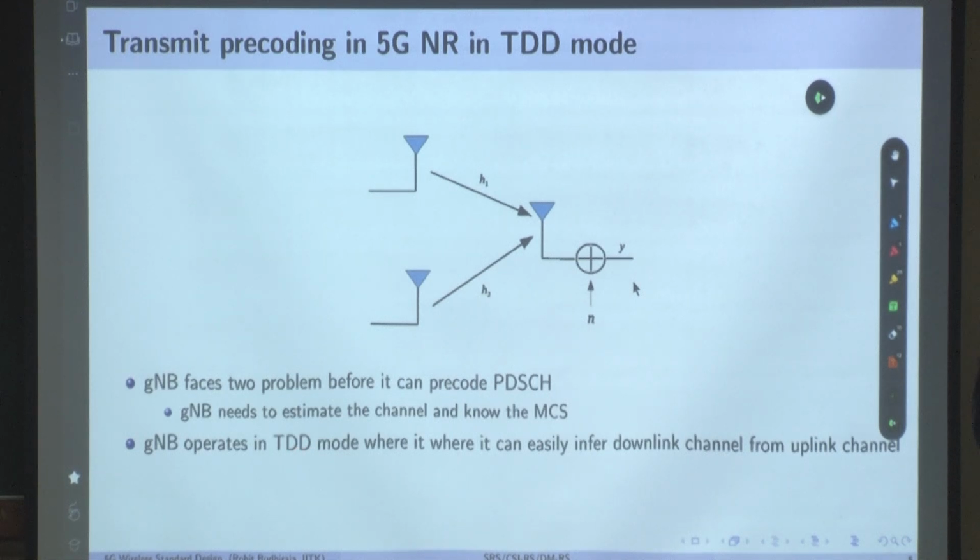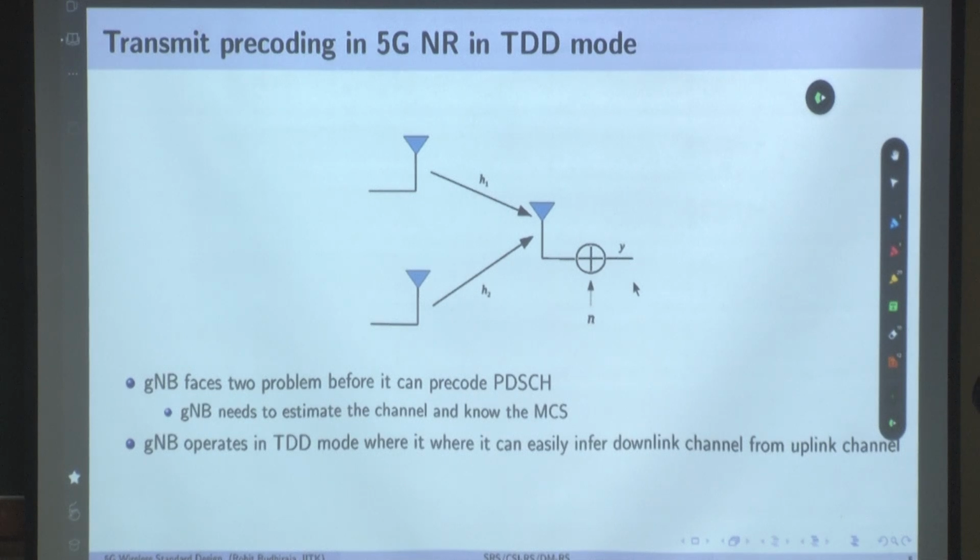TDD mode is wherein a part of the slot is allocated for downlink and another part of the slot is allocated for uplink, and they operate in the same spectrum, the same 100 megahertz spectrum. So the base station switches from transmit mode to receive mode.